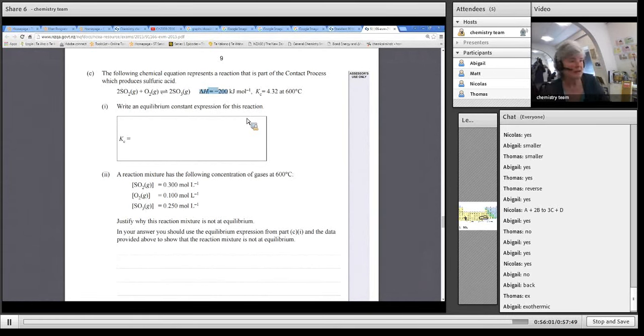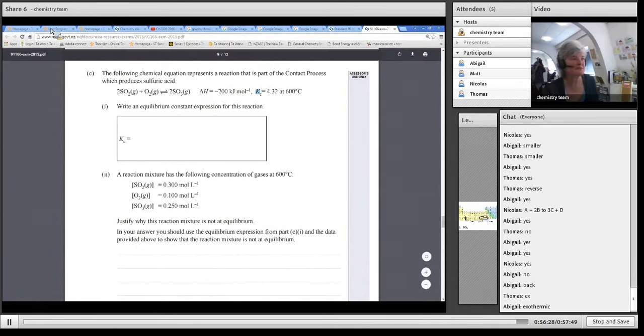So if it's an exothermic reaction, now I hope I'm going to get this right because I know I sometimes muddle myself up. Would the K value get bigger at a higher temperature or smaller at a higher temperature? Actually, I tend to always muddle myself up on this one.